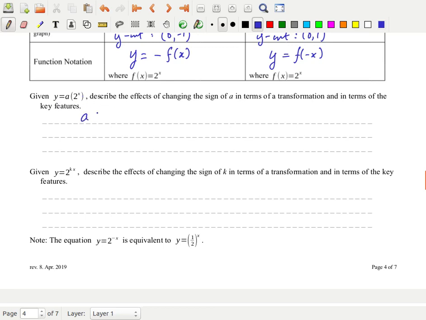So when a is less than 0, we end up with a vertical reflection. And in terms of the key features, the y-intercept changed from (0, 1) over to (0, -1).